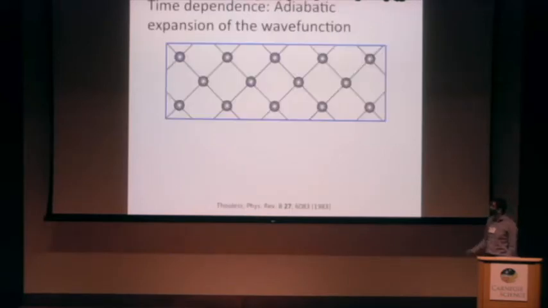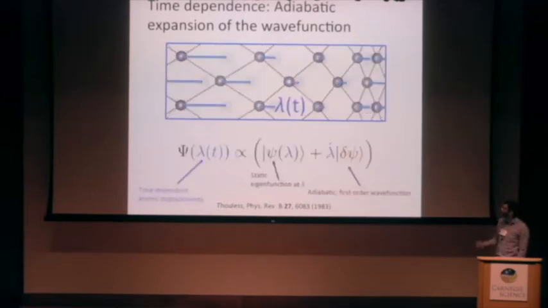And the way that we do that is if we, again, start from a pristine crystal, and then we slowly move the atoms to create this strain gradient, then we can write the fully time-dependent wave function parameterized by this time-dependent atomic motion lambda as an expansion, the sum of the static wave functions at a given lambda plus the first order adiabatic wave functions, so first order in the velocity of the atoms.